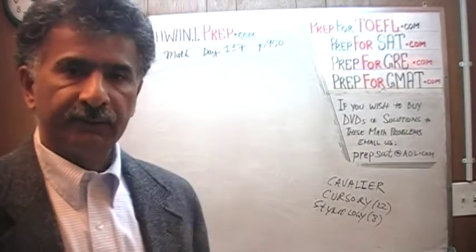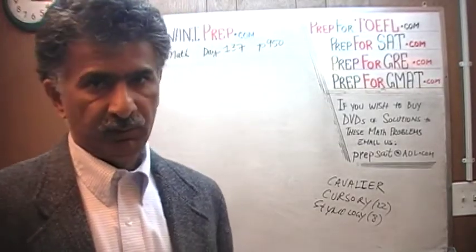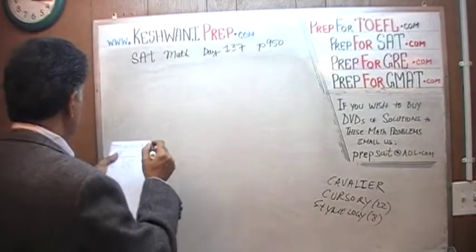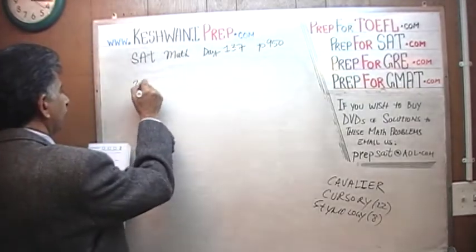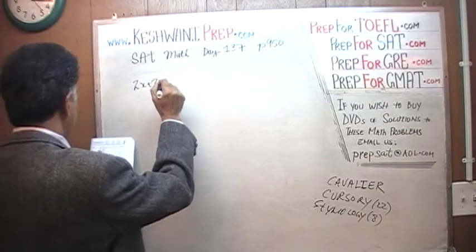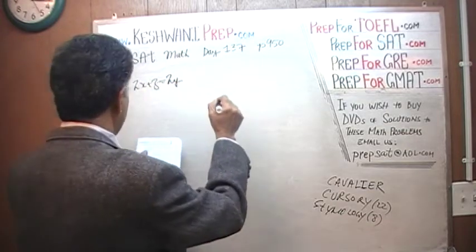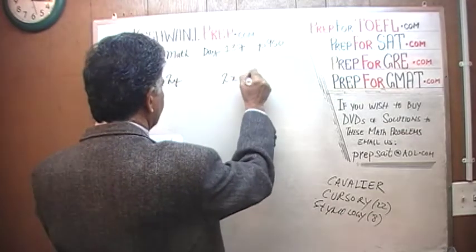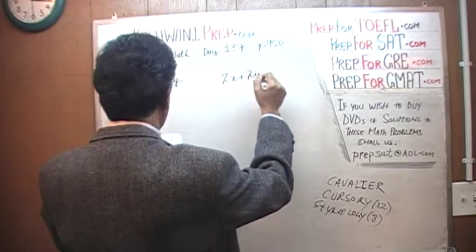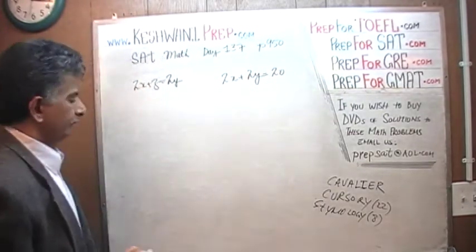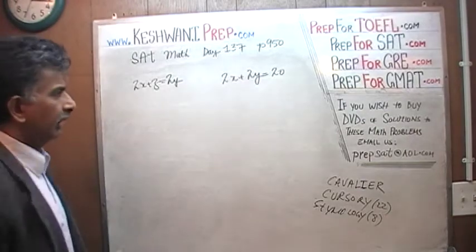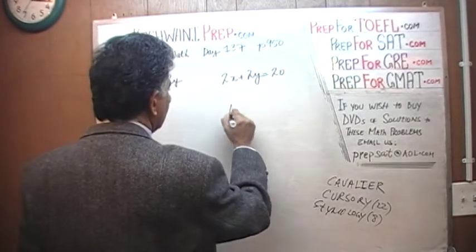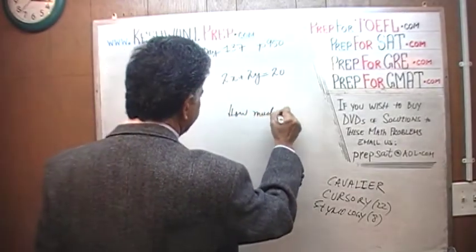I do not know why it's classified as a hard question. It's actually a very straightforward question. We are told that 2x plus z equals 2y. We are also told that 2x plus 2y equals 20. And the question is, what's the value of y? How much is y?